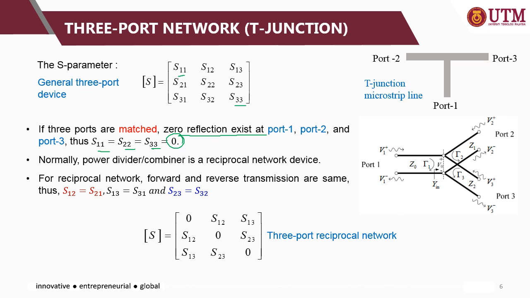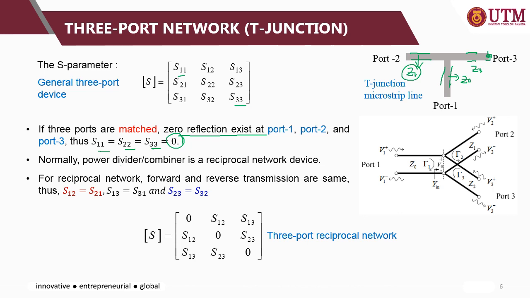Each port is matched when ZL is equal to Z0, the characteristic impedance of each line. For example, port 1 has a transmission line with characteristic impedance equal to Z0, port 2 has Z1, and here you have Z3. So if the load impedance at each port matches the impedance of the individual transmission line, then the system is matched.